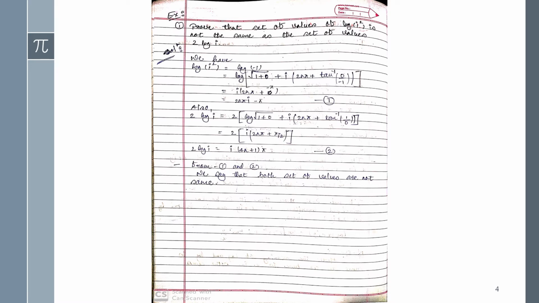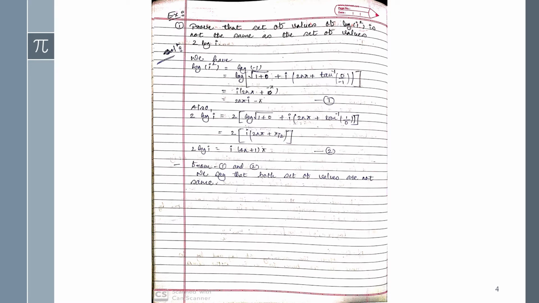For your information only I have applied the general formula. You know very well what the general formula is. Now see, LHS is given as log of i² and the RHS is given as 2 into log i. The values of these both should not be equal, that you have to prove actually.